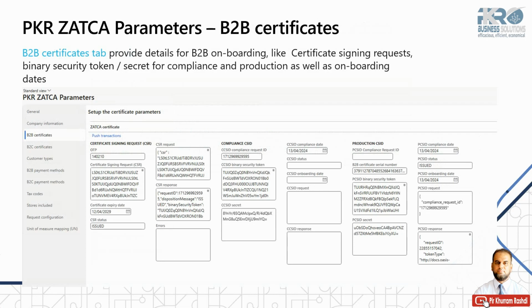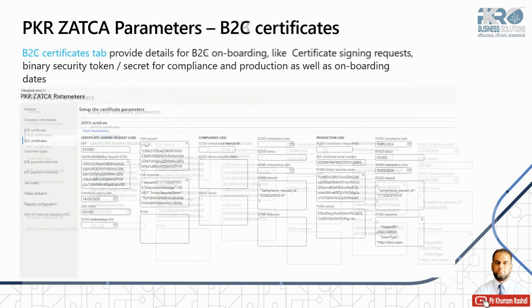So we are also keeping here the production CSID, the serial numbers, and different information like when it was issued and what the expiry date is. These responses and requests are maintained as a historical record in this tab.